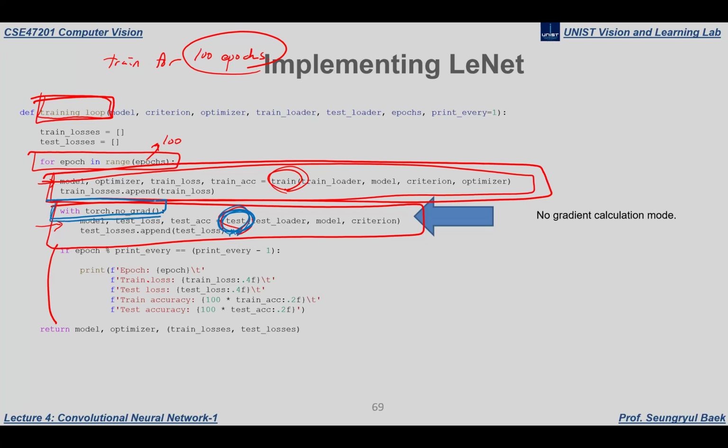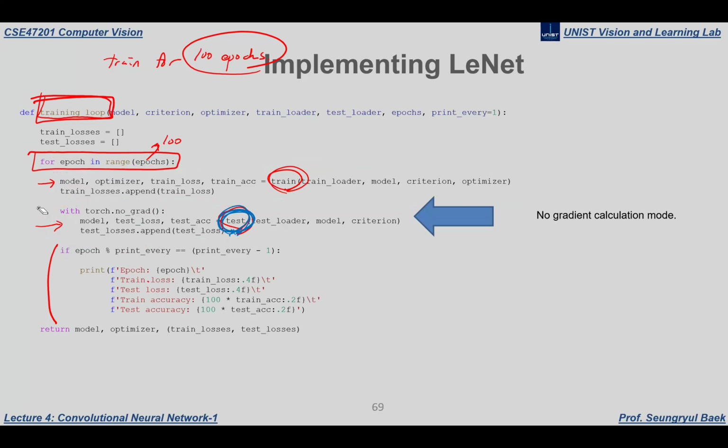So this flag makes your code execute faster than the training mode. So that's the purpose of this code. If you do not specify this, functionally it works the same, but slightly slower.